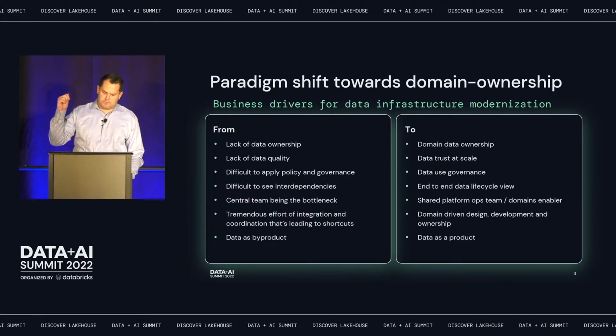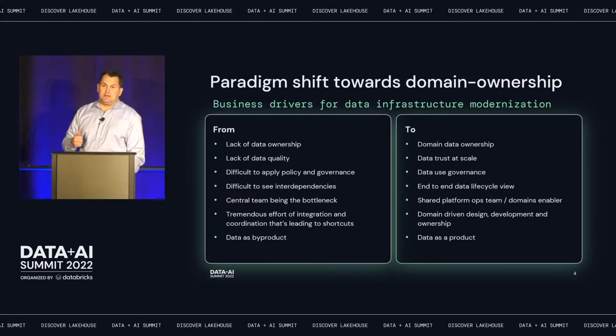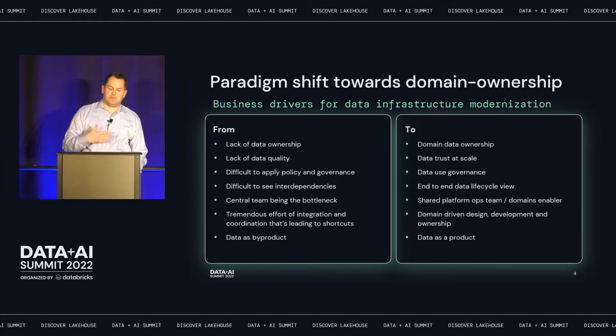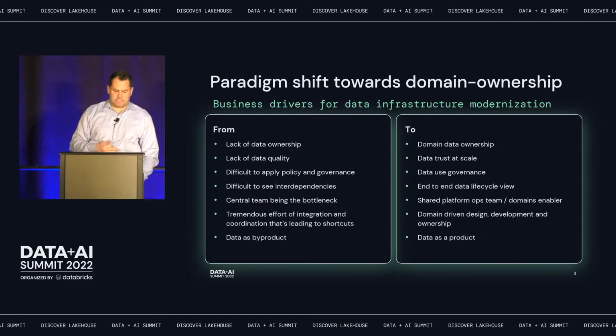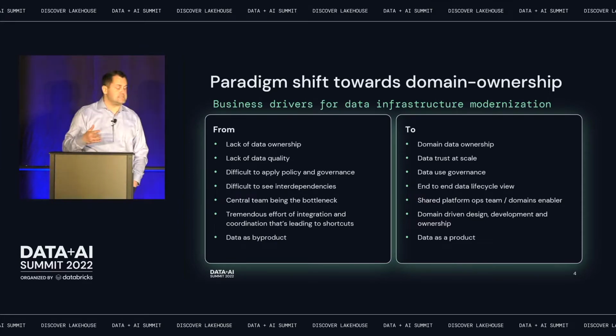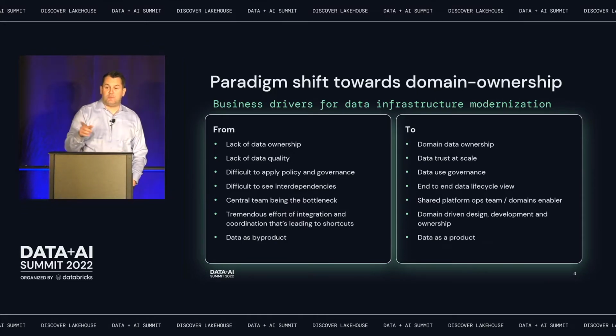But the enterprises and IT organizations still need to enable domain ownership, and they need to enable the decentralization of these estates organizationally. So our clients can move from lack of data ownership to domain data ownership.